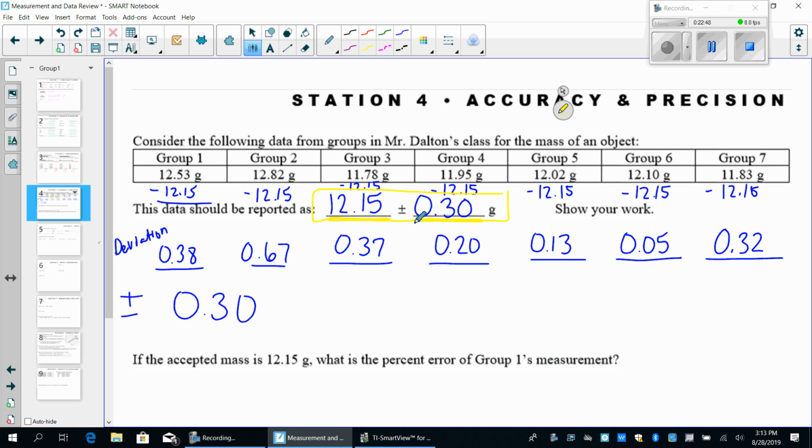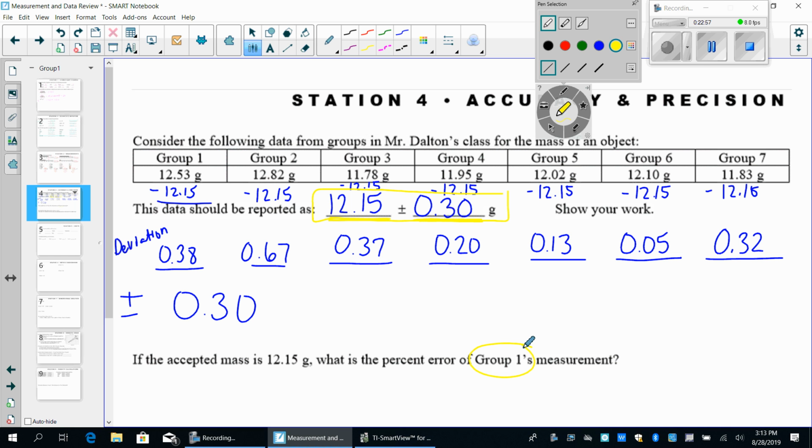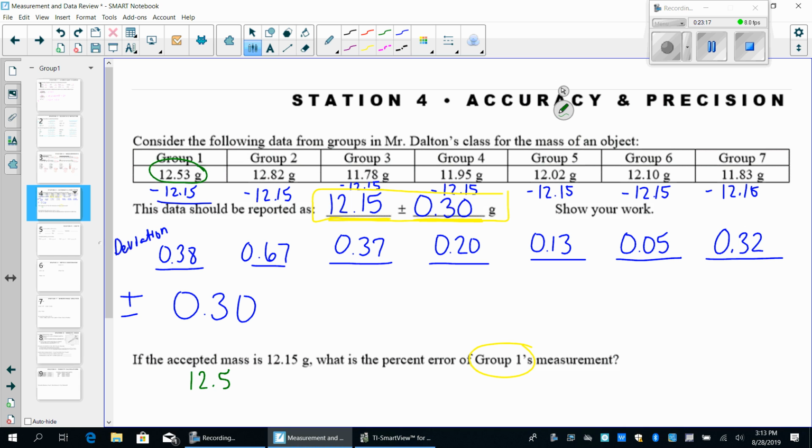Okay. Now, if the accepted, and we're going to be using group 1 here. It says if the accepted mass is 12.15 grams, what is the percent error of group 1's measurement? So what you have to do is you take group 1's actual measurement, so it was 12.53 grams.